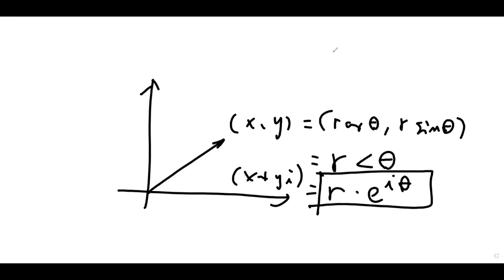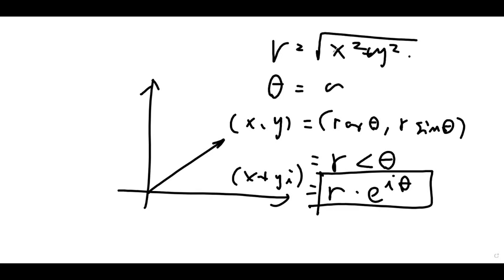And r and theta we talked about already. r would be equal to the square root of x squared plus y squared, and theta would be equal to arccosine of x over r. These are the formulas we will have. But remember, it is called r e^(i theta).